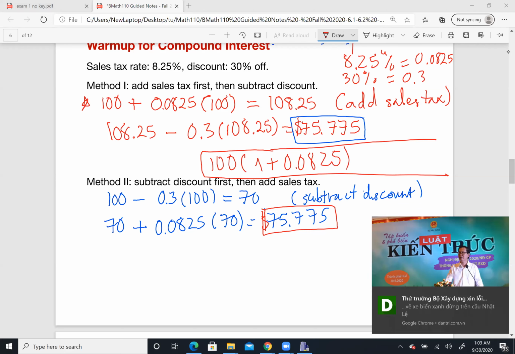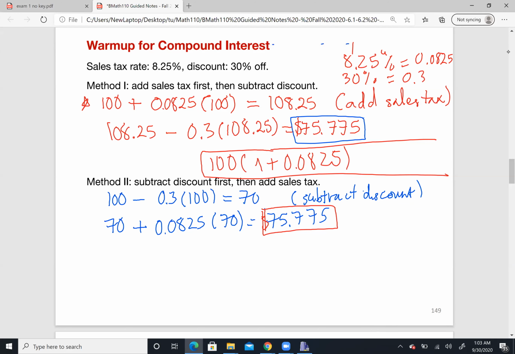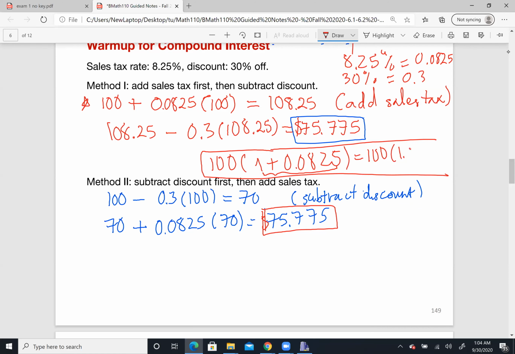And if you add the things in the parentheses, it's going to be equal to 100 times 1.0825. You see that? That's the reason why instead of adding, you can just multiply by 1.0825.